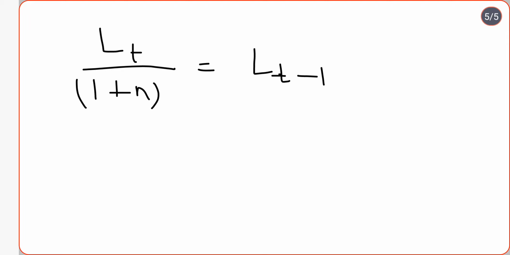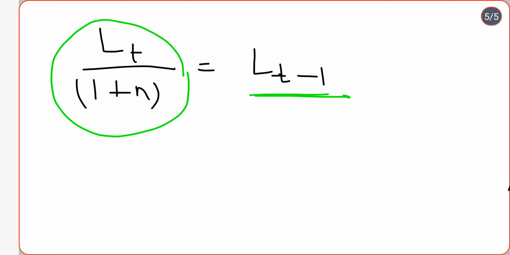This is the amount of labor force, or individuals, in the previous period, that is Lt by 1 plus n.